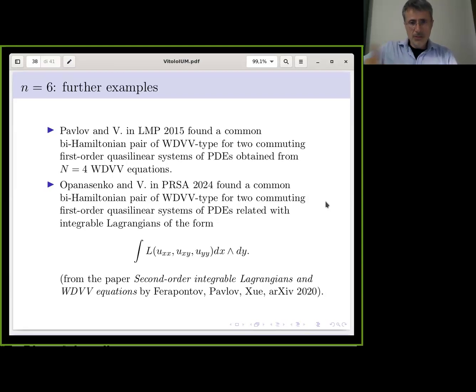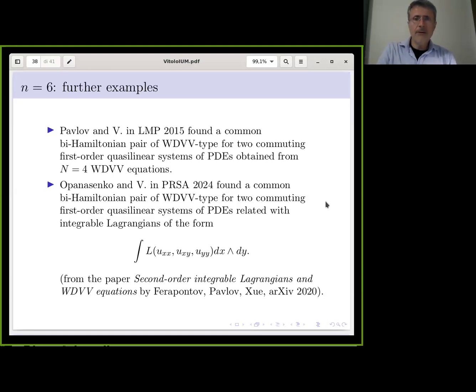When you transform the WDVV equations into quasi-linear systems of the first order, you introduce a lot of variables, and then it turns out that the number of components is 6 for such first-order systems. So we go from 4 to 6. There is nothing, we didn't find known examples in the middle.